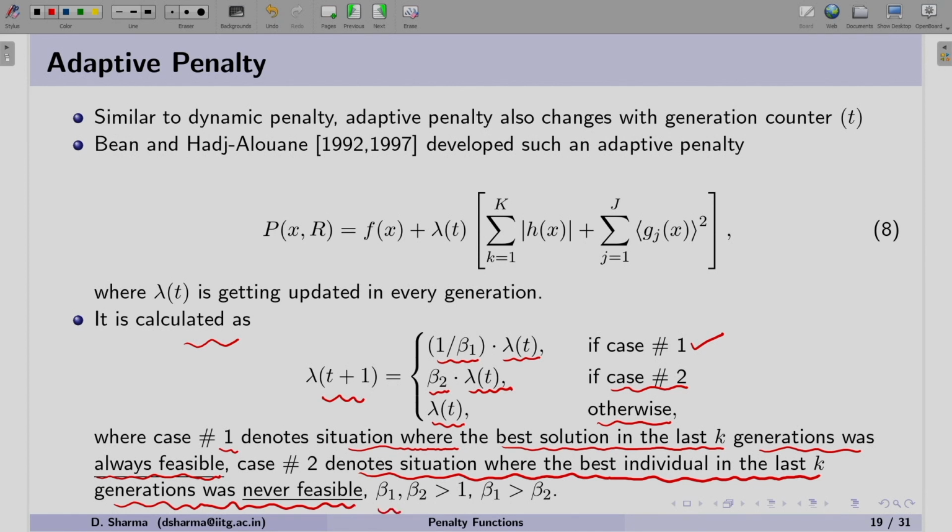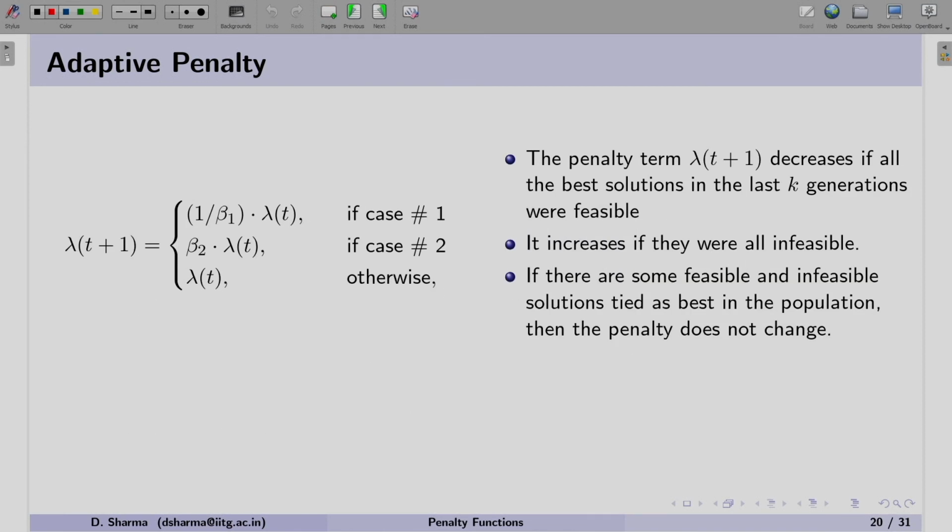Here beta 1 and beta 2 should both be greater than 1, and beta 1 should be greater than beta 2. So let us understand more about this lambda term. In case 1, our best solution was feasible for k generations, meaning that we should reduce.